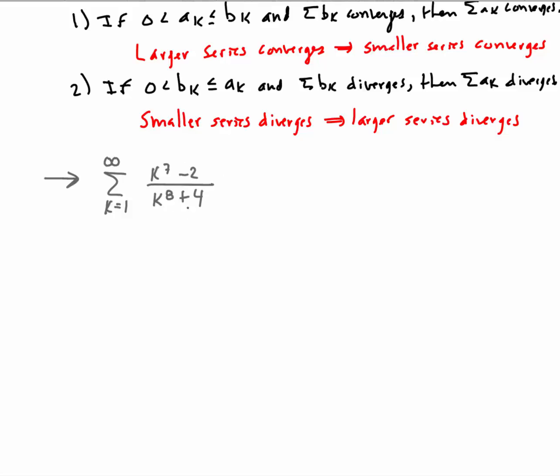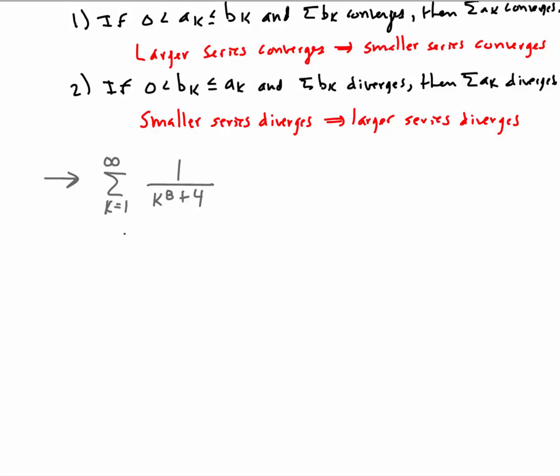So when I look at this particular series, I look at this and I think, what could I compare this to that would allow me to come up with a comparison for large and small, and then also I need to be able to figure out what's going on with the series that I select in terms of converging and diverging. Actually, I'm going to change this. I'm just going to put a 1 up here to make this one a little bit easier to find a comparison point.